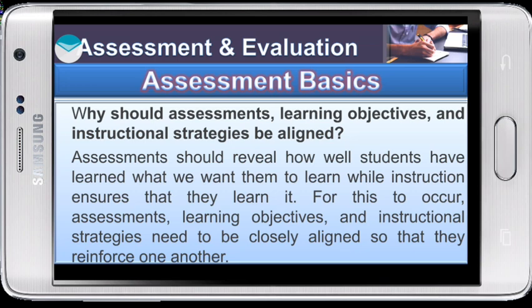So all of these three elements, assessments and learning objectives and instructional strategies, they all work on helping students to learn how to make a conversation on the phone. Later we will discuss the relationships. Let's move on.